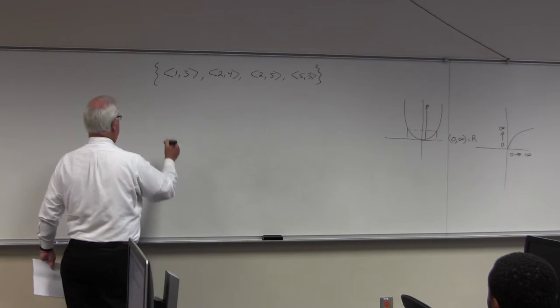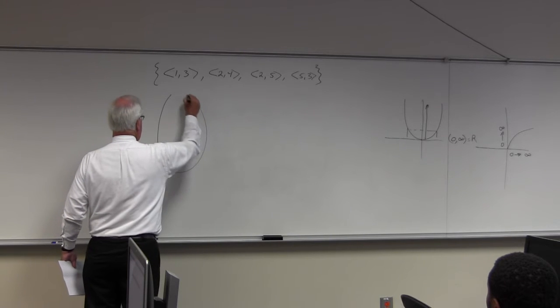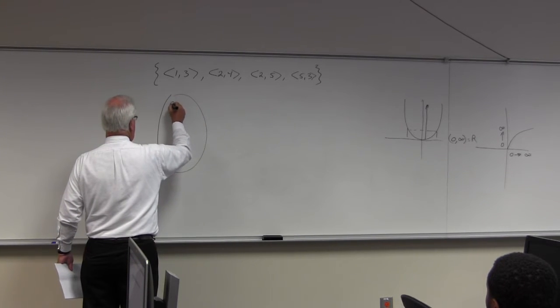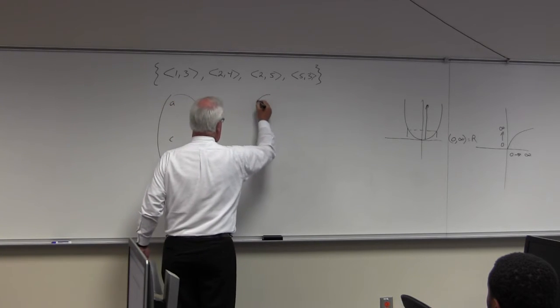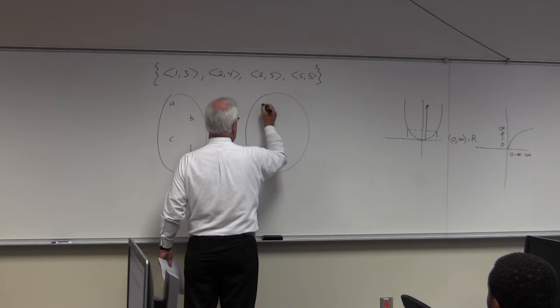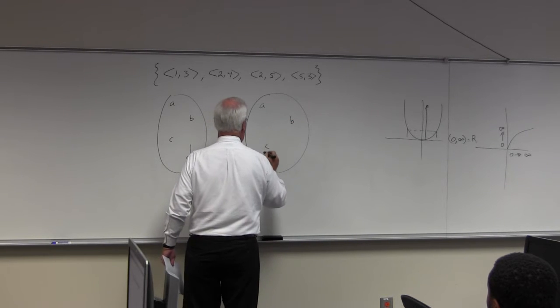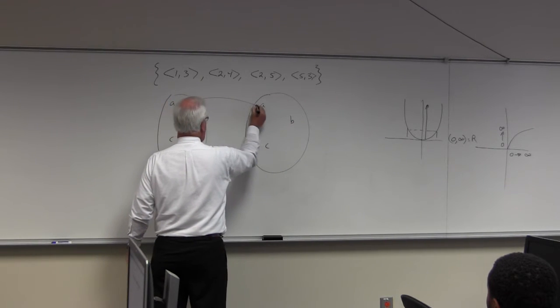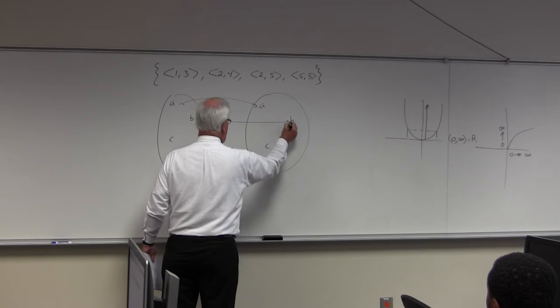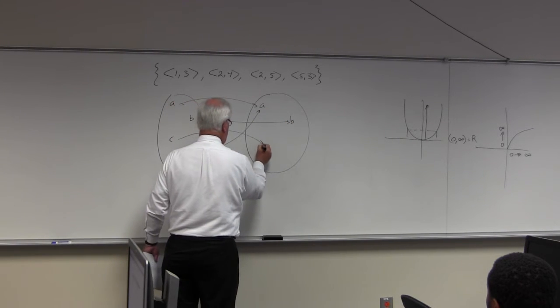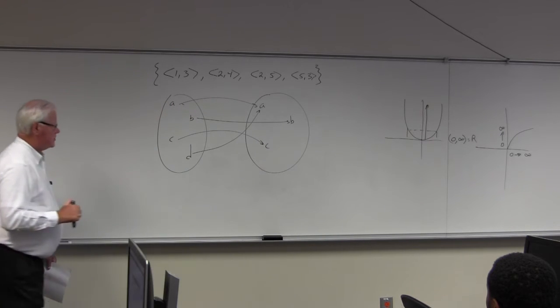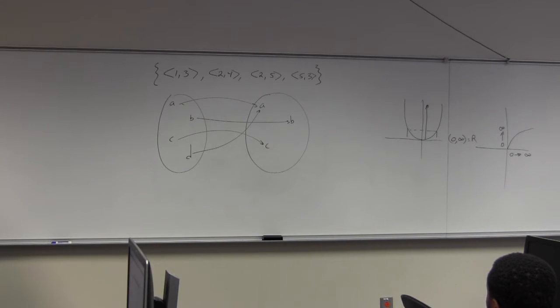So let's look at this one. So first of all, is that a function? It is a function, isn't it? It's a special kind of function. It has a name.